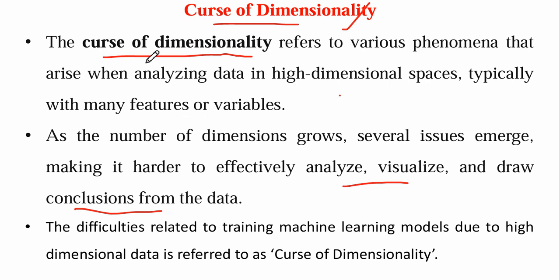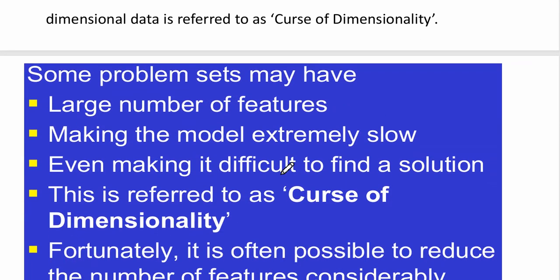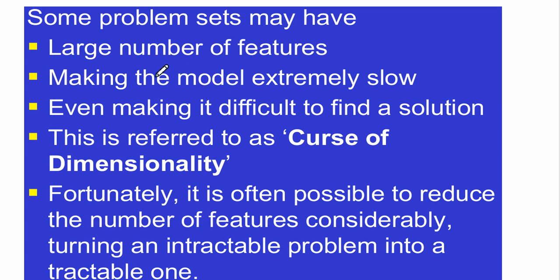That phenomenon is called the curse of dimensionality. Clear? If you have more features in our data set, it makes the model extremely slow. So that phenomenon is called the curse of dimensionality.